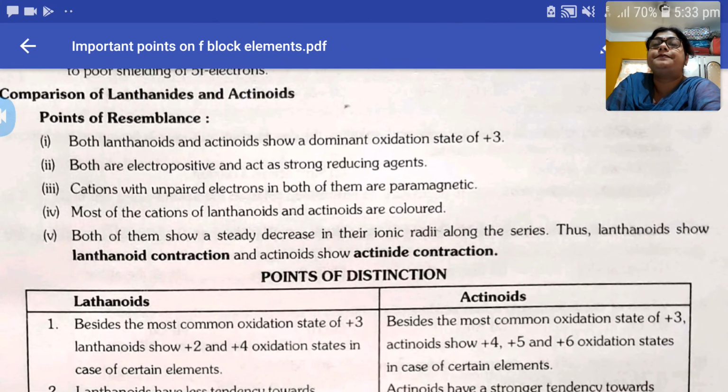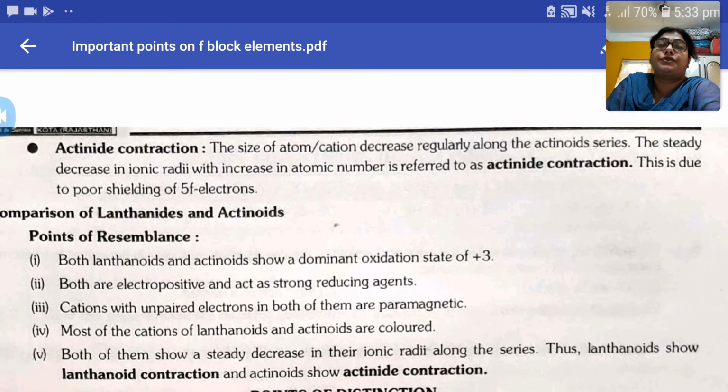Now here you see actinide contraction. Like lanthanide contraction, we have actinide contraction also. So the size of atom or cation decreases regularly along the actinide series. The decrease in ionic radii with the increase in atomic number is referred to as actinide contraction.